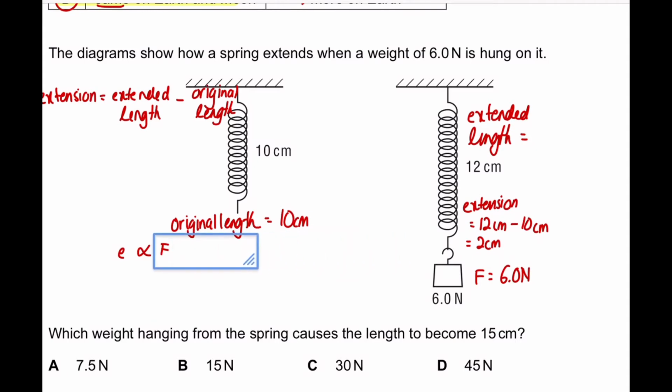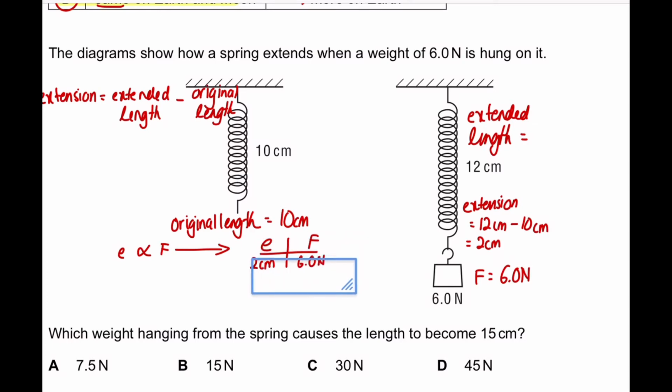From this proportionality, I shall put here E and F, a tiny table. So extension here is 2, and the force or the weight here is 6 Newton. Now, they are asking how the length can be stretched to 15 centimeter, which means we need to calculate the extension for 15 centimeter.